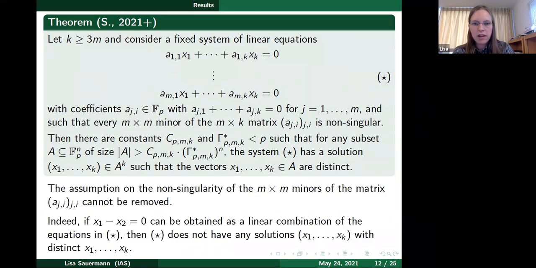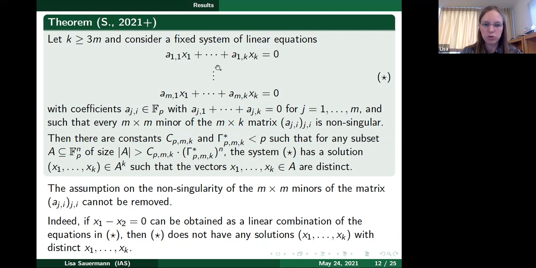Okay, and so let me also comment for a moment on this genericity assumption, that these m by m minors of this coefficient matrix must be non-singular. I want to point out that it's not possible to just remove this assumption from the theorem. Remember that in Tao's statement, we didn't have such an assumption, but here we can't just remove it, because indeed, suppose that the equation x_1 minus x_2 equals 0 was either part of the system itself or was obtainable as a linear combination of the equations in the system.